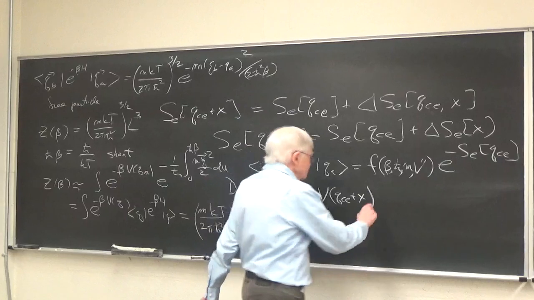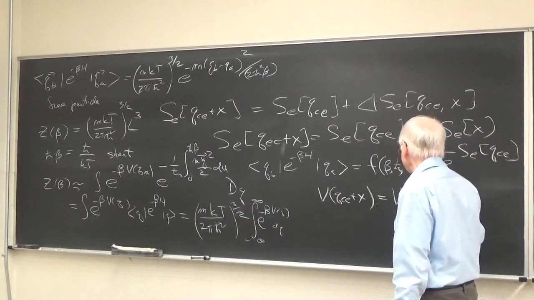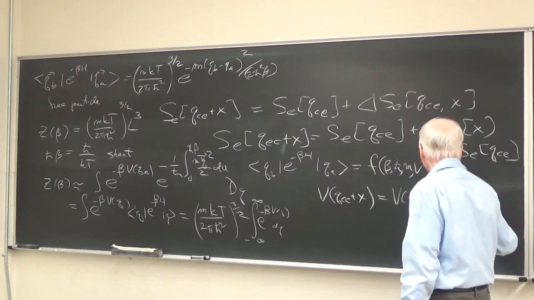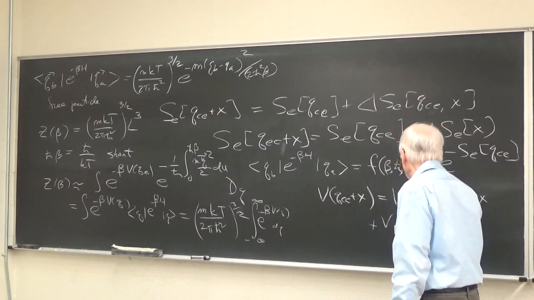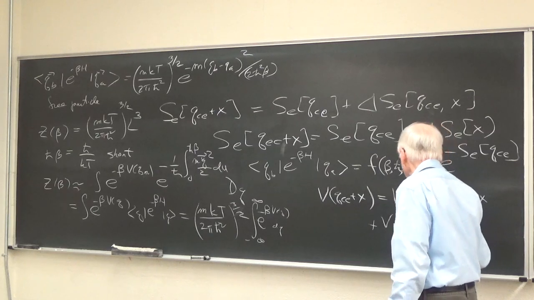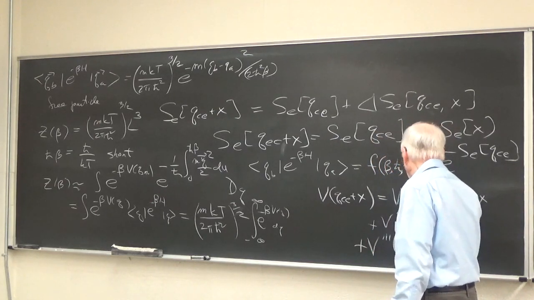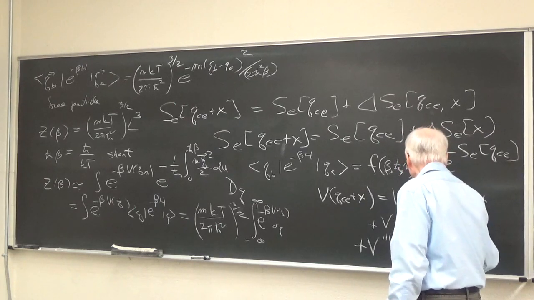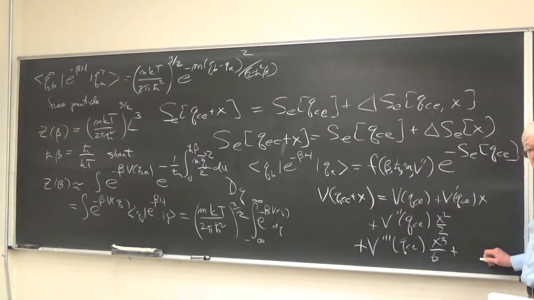So this will equal V of q classical Euclidean plus V prime at q classical Euclidean times x plus V double prime at q classical Euclidean times x squared over 2 plus V triple prime at q classical Euclidean x cubed over 6 plus higher terms. So an infinite Taylor series.